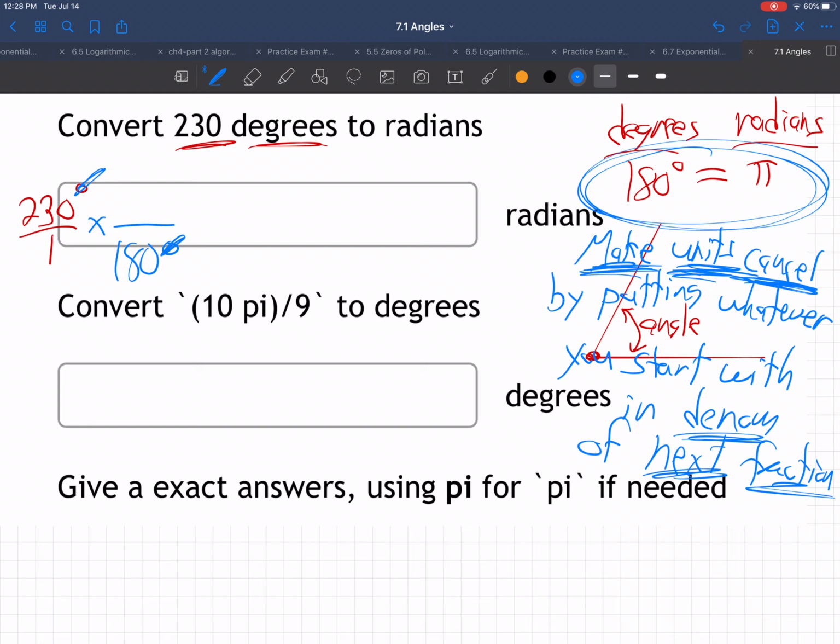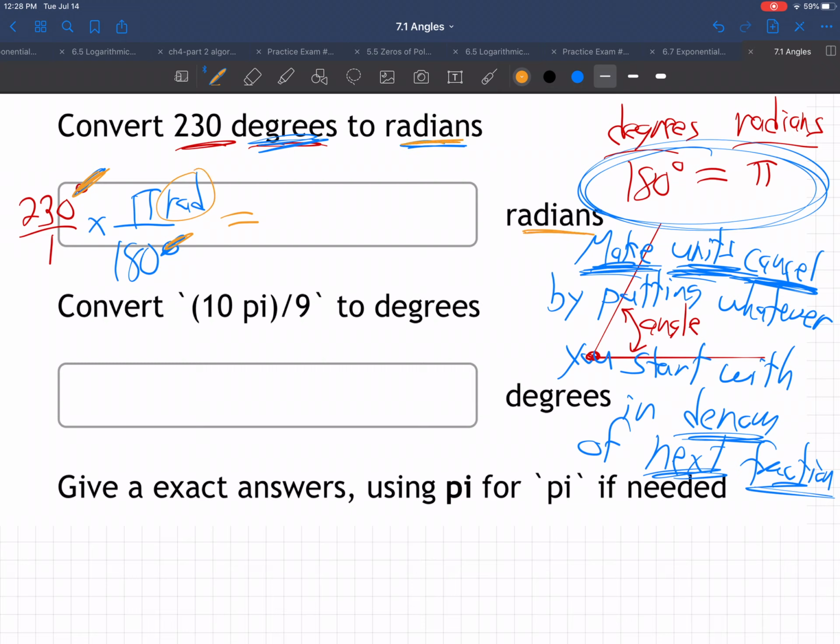You put in the bottom whatever you started with, because that way it'll cross-cancel, because we're trying to get out of degrees. We want them to go away, and we're trying to get into radians. So then you put the pi radians in the top. Do you see that? Now, after you've done that, see how these will cancel. No more degrees, bye-bye degrees, but radians are left. Perfect, that's what we want.